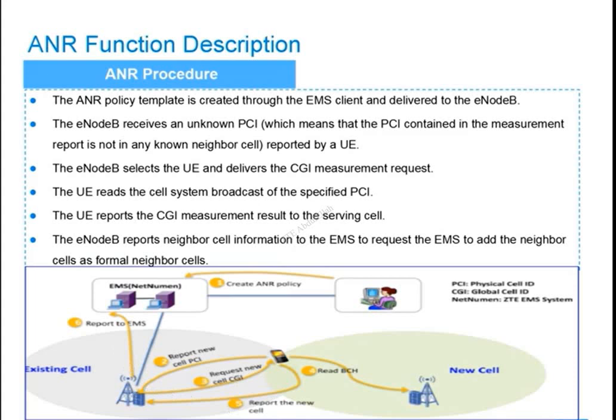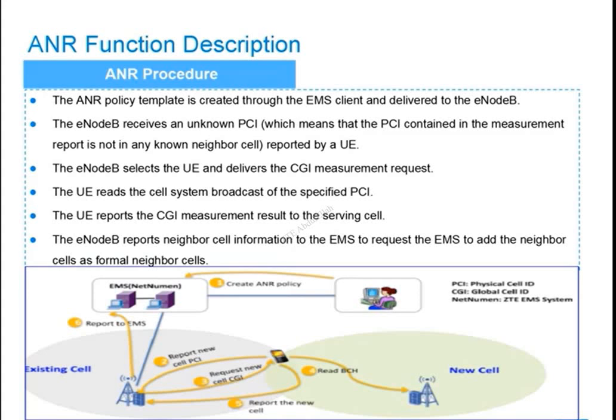Based on the strategy, the eNodeB will report the neighbor cell information to the EMS to request the EMS to add the neighbor cells as formal neighbor cells. The neighbor cells during the ANR procedure are of two kinds: one is temporary neighbor cells, and the other is formal neighbor cells.